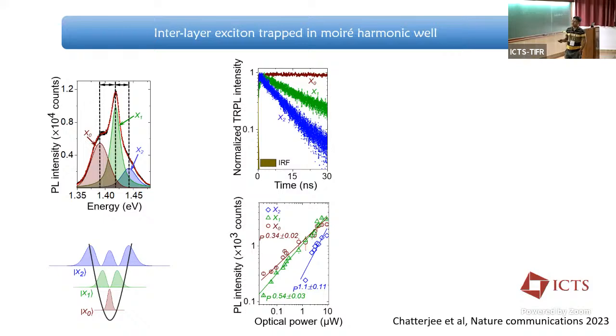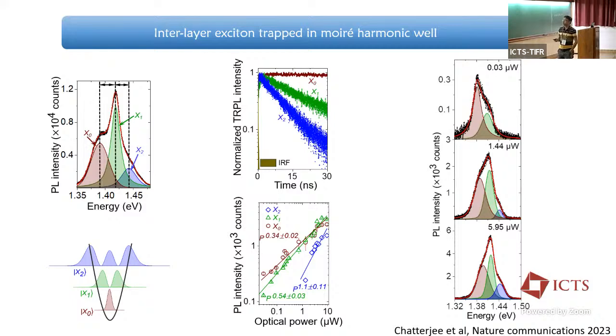However, the ones which are more protected become p to the power 0.5, and p to the power 0.34. So it's becoming more and more sublinear. You increase the power, but you're not able to generate enough excitons. This is a very common feature for confined systems: there is a bottleneck, so you are not able to generate sufficient numbers of excitons.